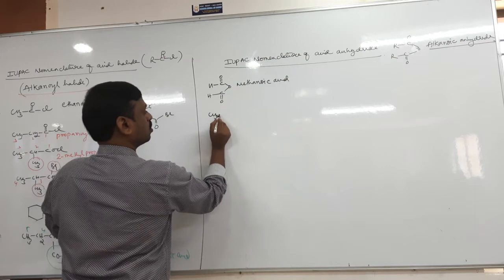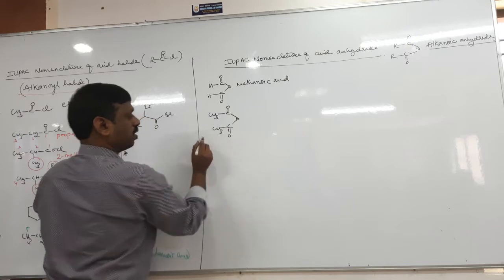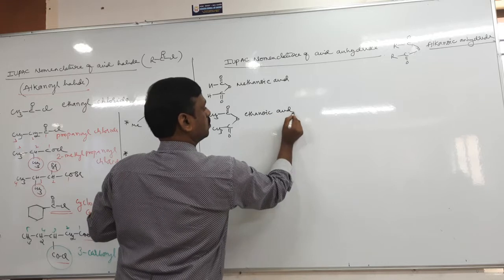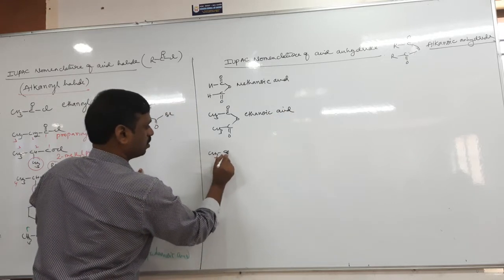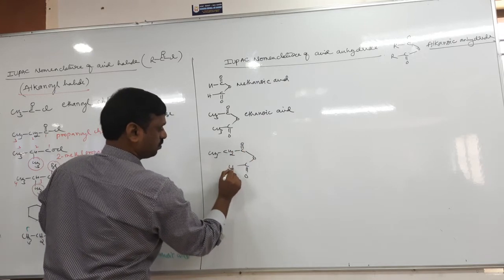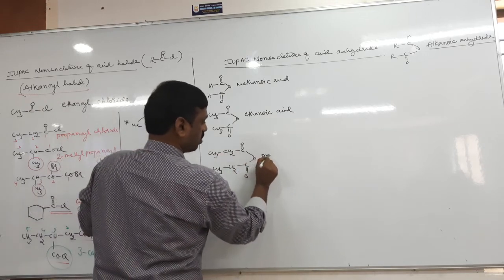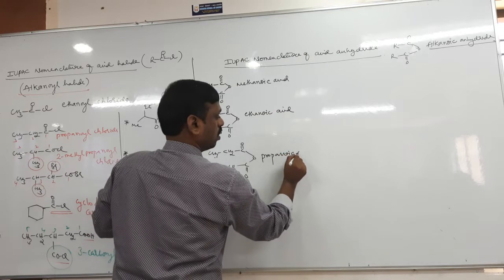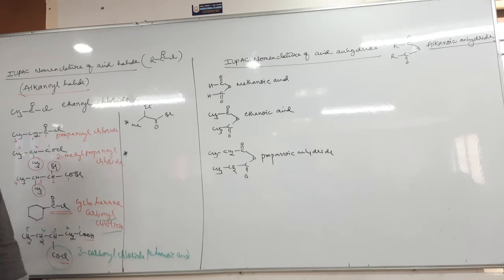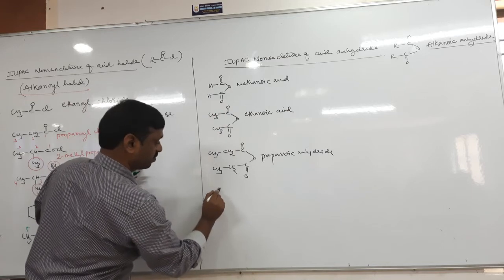Next, if it is 2 carbons, ethanoic anhydride. If it is 3 carbons, propanoic anhydride.